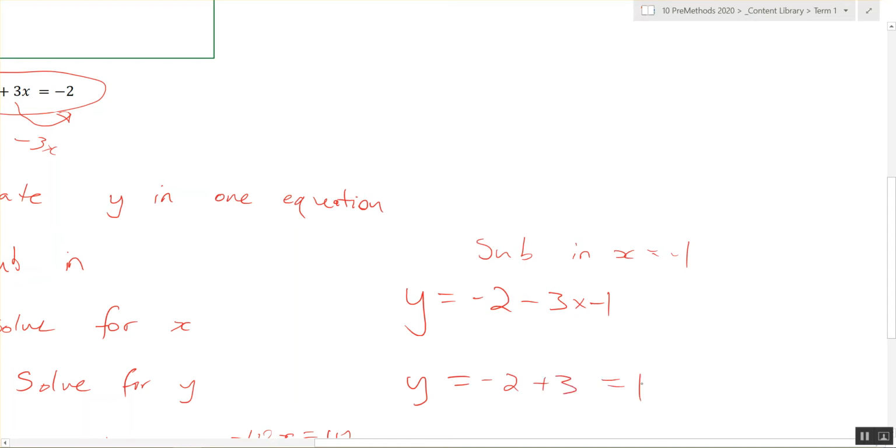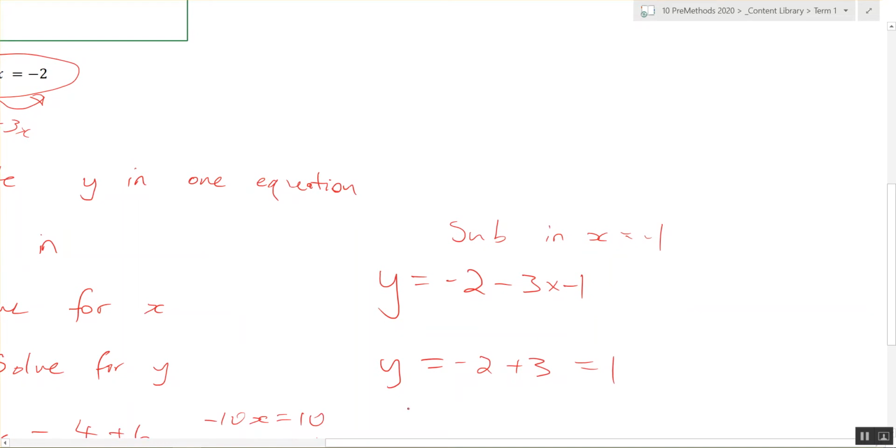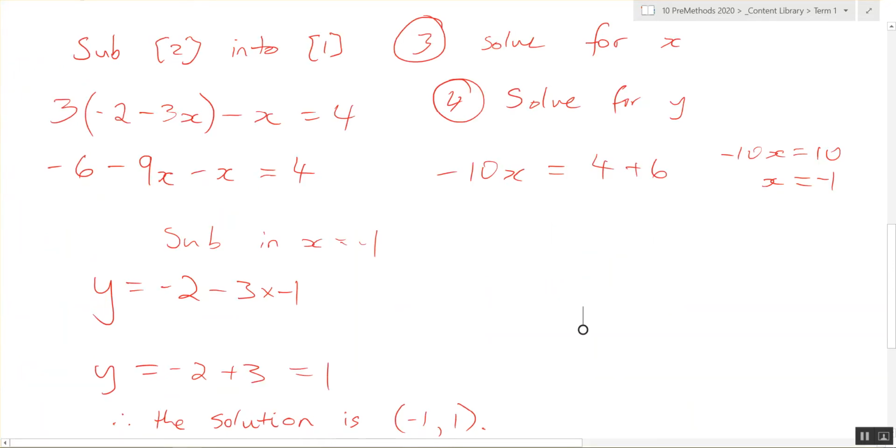Okay, so our solution, yep, so -1, 1. One more thing you have to do when we do simultaneous equations, after you get the solution, you also need to do a check.